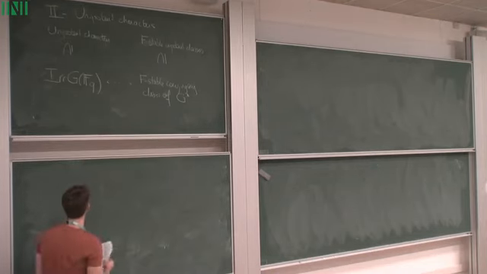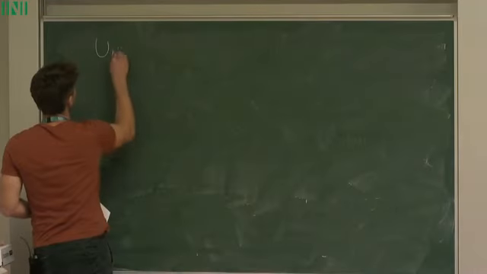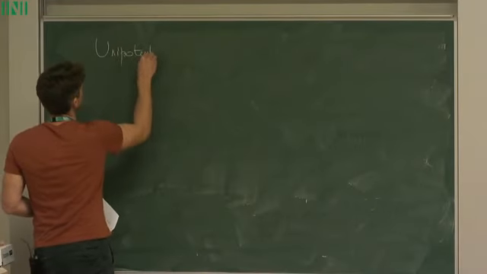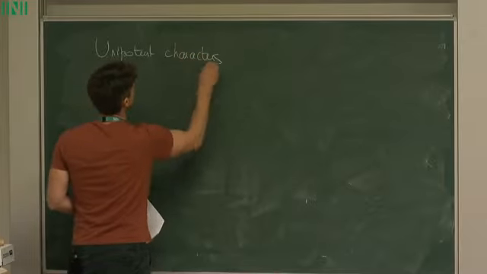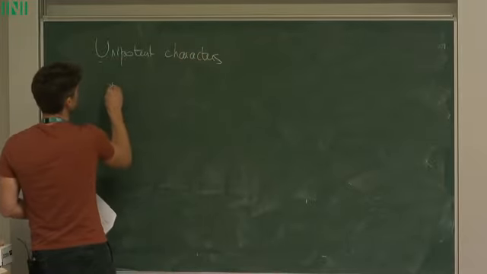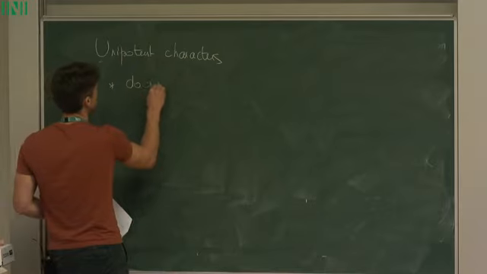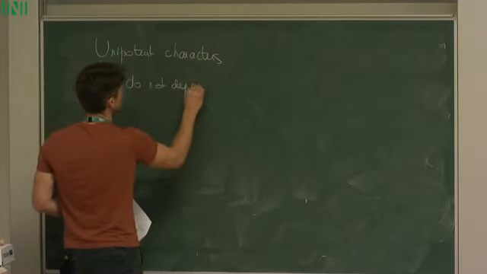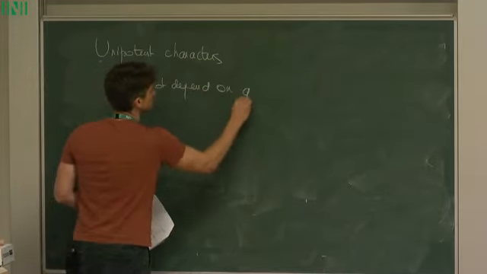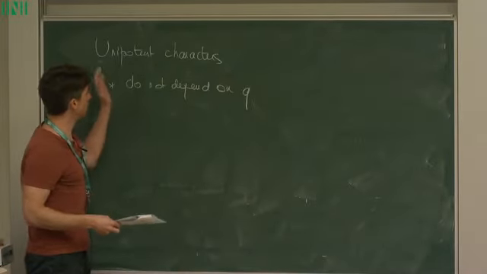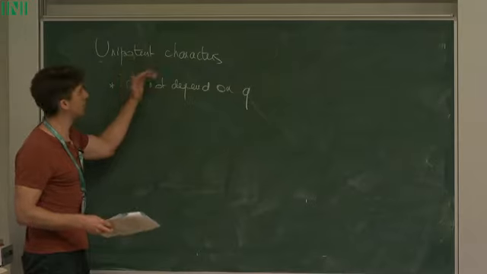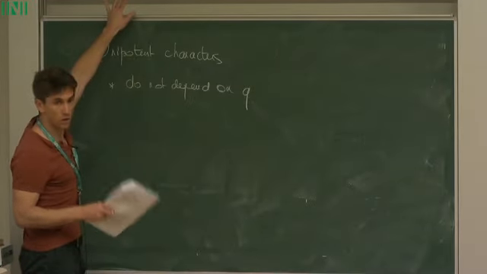But let me just say some of the properties, and I'll give examples very soon. So first of all, they do not depend on q, but really just on the skeleton of the reductive group. Steve yesterday mentioned the root system, and so here basically they will only depend on the root system.